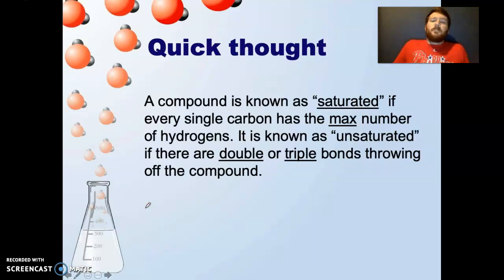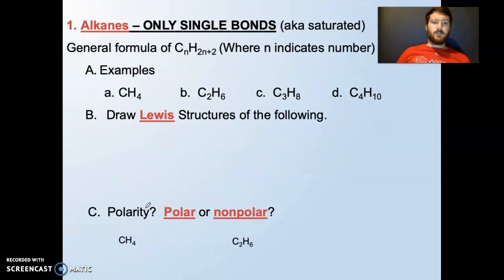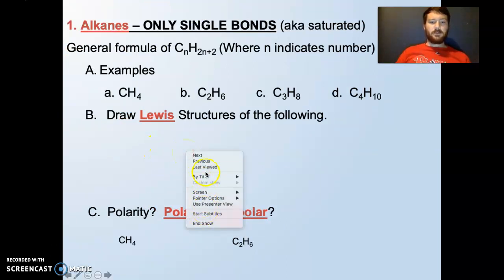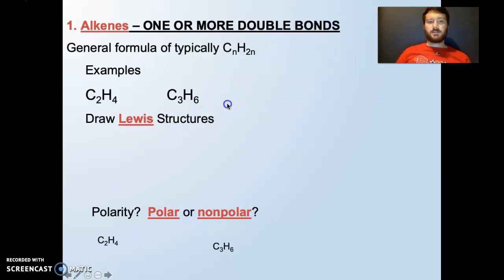Quick thought. If the compound is known as a saturated compound, it has a max number of hydrogens. If it's known as unsaturated, there's double or triple bonds. So if you go back here to the alkanes, C2H6 is an alkane.